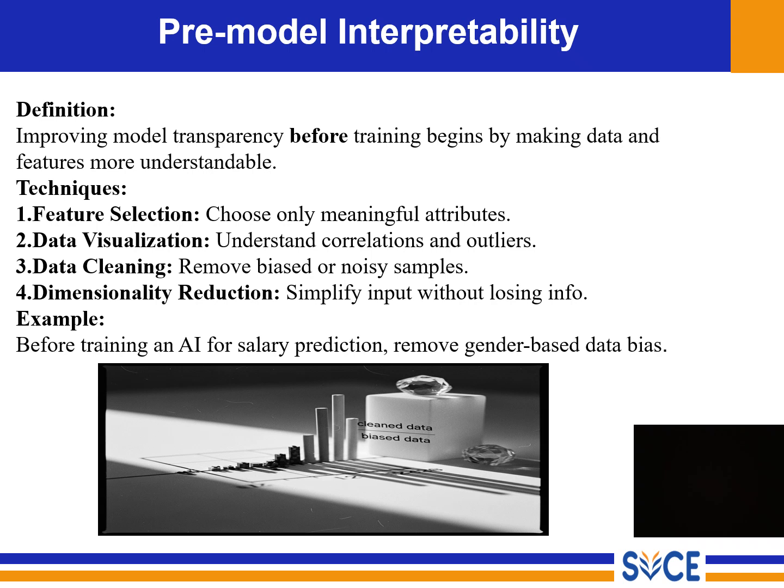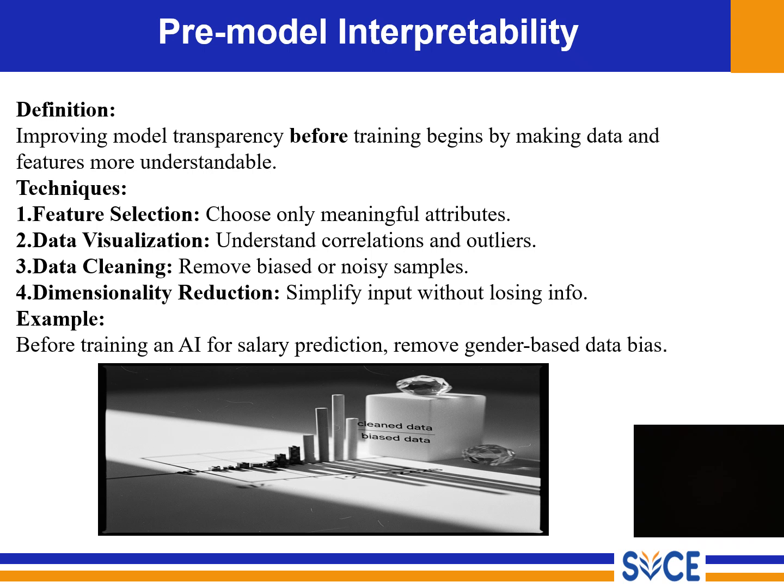Then the third one is data cleaning. Data cleaning means removing errors and biased data. Then the fourth one is dimensionality reduction, which means simplifying the large data into meaningful smaller features. For example, if we are training an AI to predict salary and our data shows men earn more just because of gender, that's the bias.